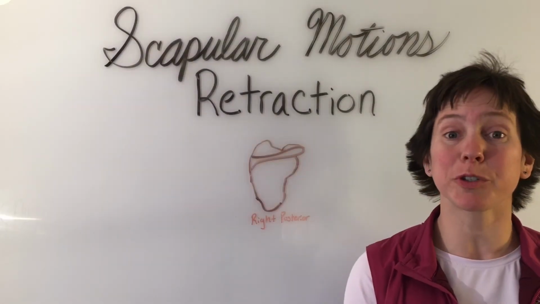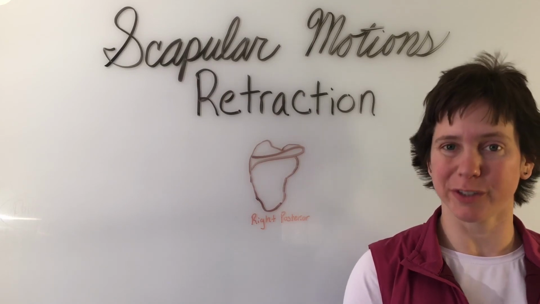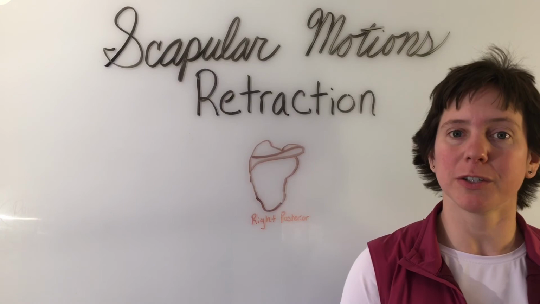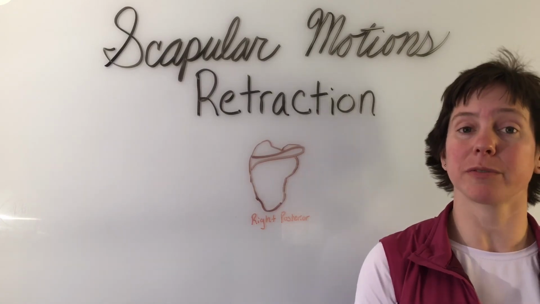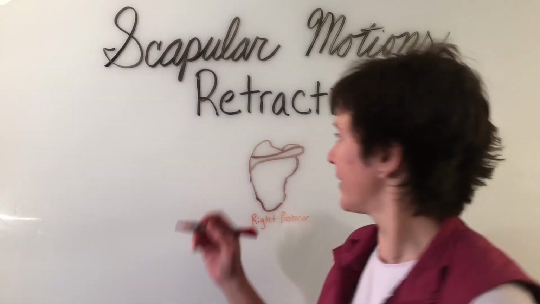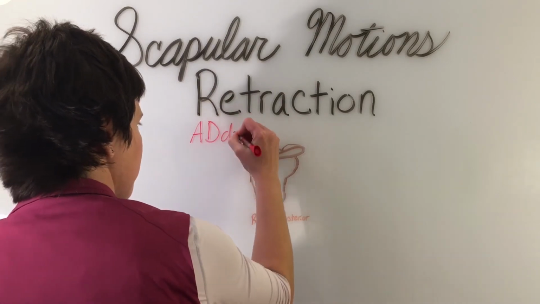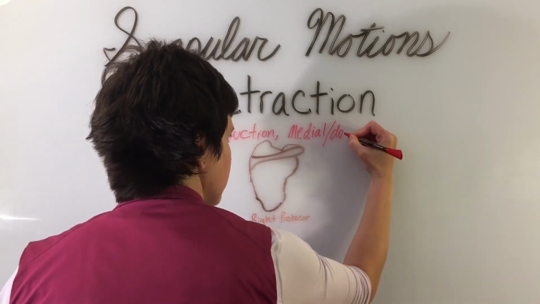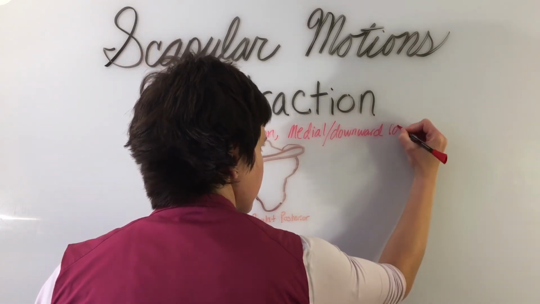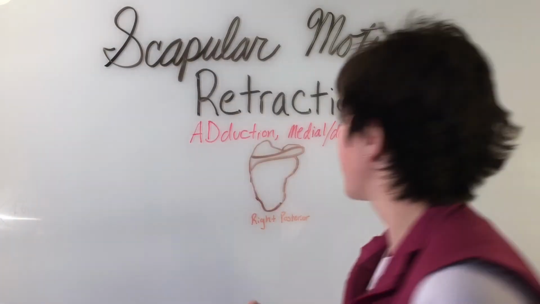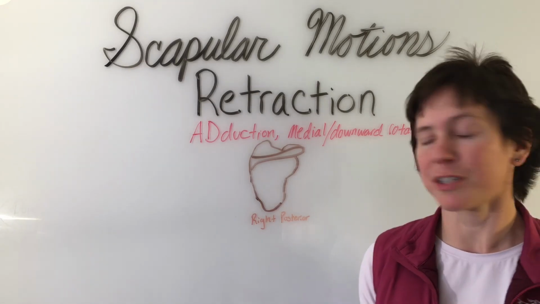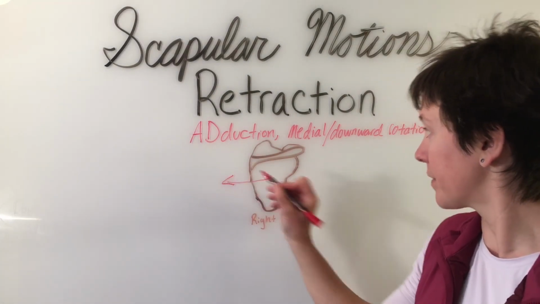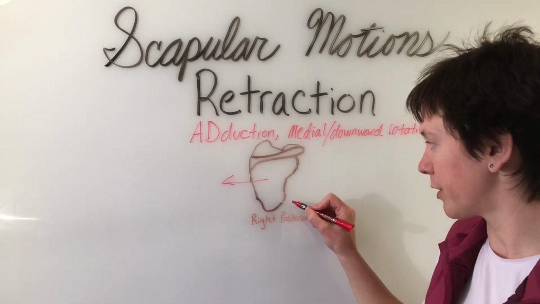The scapular motion of retraction is also a little complicated. It involves adduction, medial rotation, and possibly elevation or depression. So for scapular retraction, it will perform adduction and medial or downward rotation.